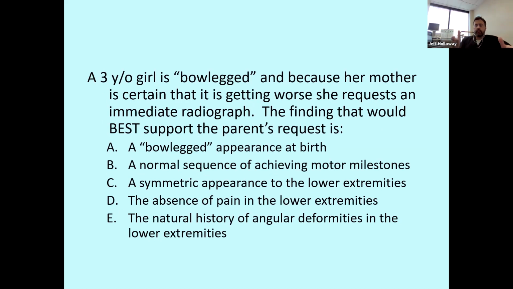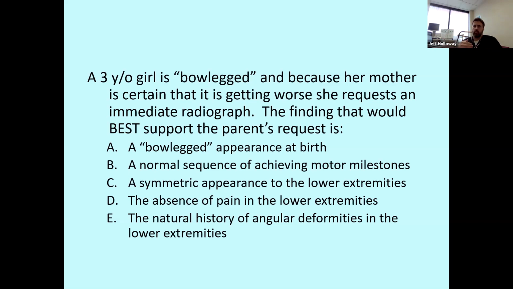And then obviously we have rotation this way, and then we have bow-leggedness versus knock knees. As we'll talk a little bit about, this is one with bow legs. The mom's concerned that it's getting worse, and so she wants to get an x-ray. And this is where they kind of phrase it weird, and they'll say, what's the best support to get an x-ray?